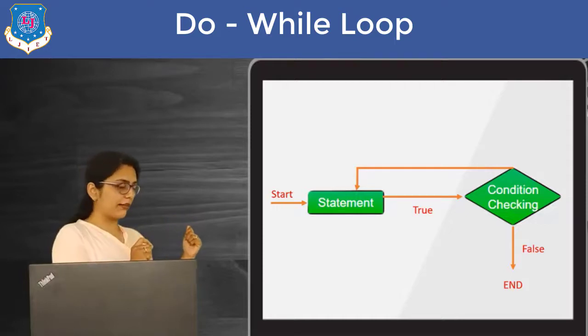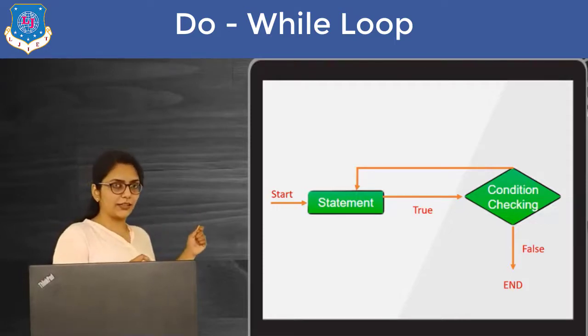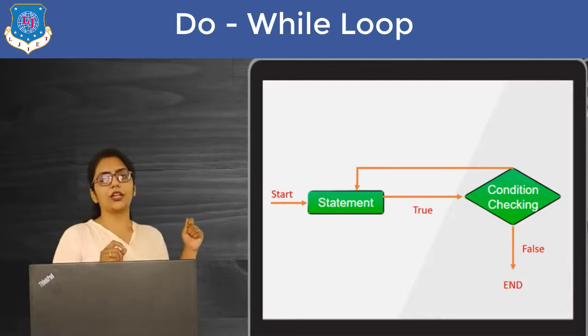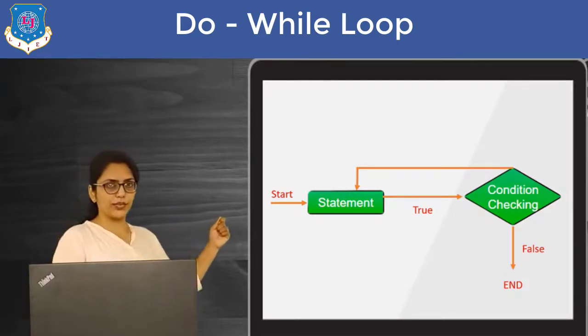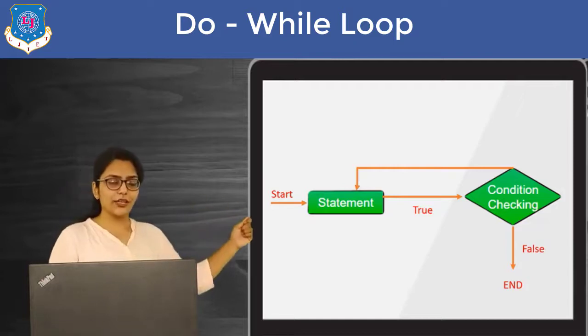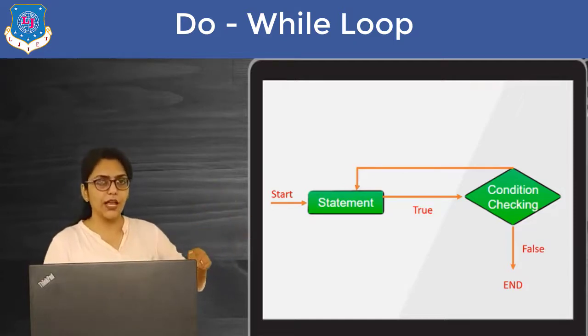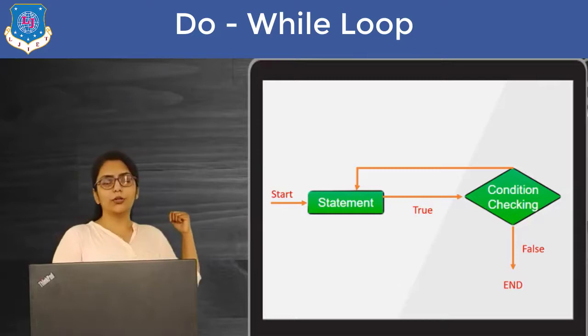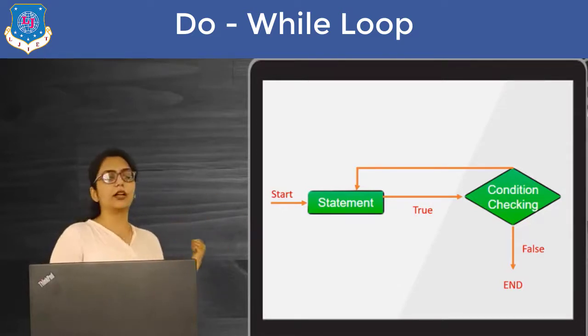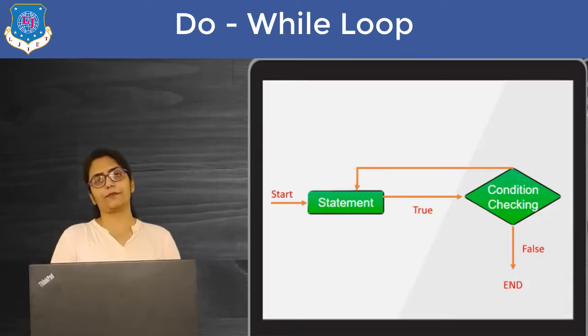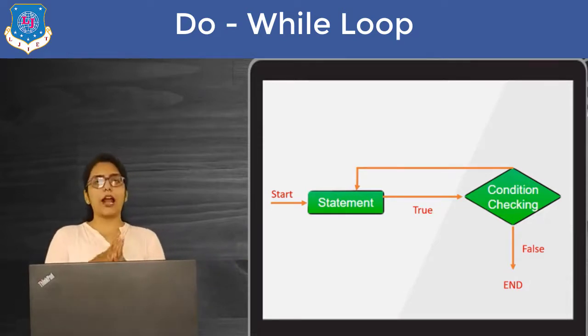One difference is that for the first step, the condition is not checked and is always considered true, so I have written true there. Then it checks the condition when it comes outside the loop. If the condition is true, it will go to the statements again, and it will keep doing that until the condition is false. So this is all about the entry control loop and exit control loop.